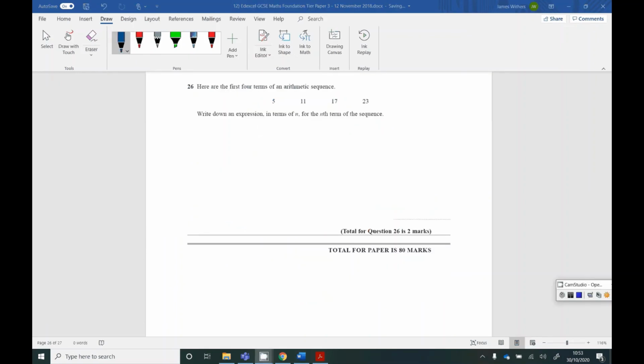Question 26. We're being asked to write down the nth term expression. So, step 1, see how much you're going up by each time. We can see we're consistently going up by 6s. So the first part of our expression is 6n. Had we been going up in 5s, it would have been 5n. Now, you then need to do a little adjustment.